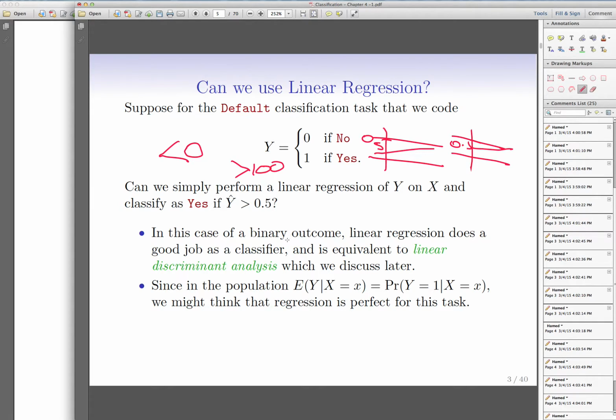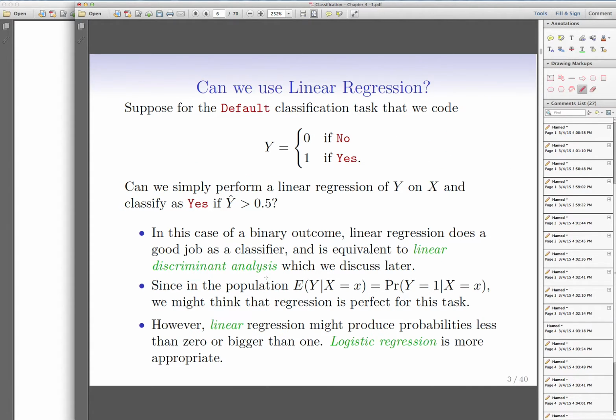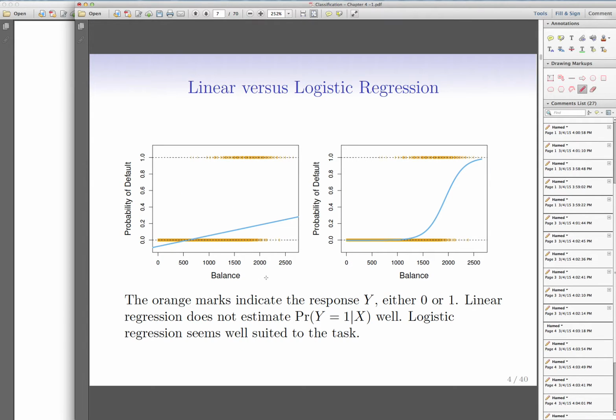The base of this linear regression line can be found in linear discriminant analysis. It uses somehow the same type of classifier with some adjustments, but usually that's not a perfect thing to do. So let's look at the ramifications of that and see what will happen.